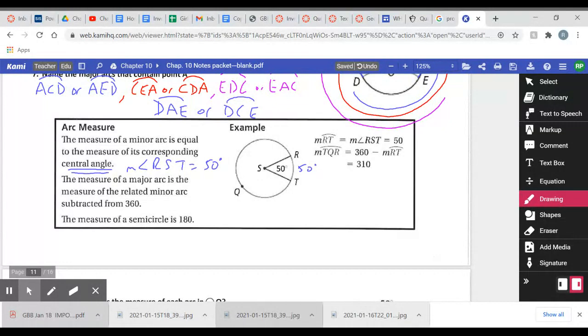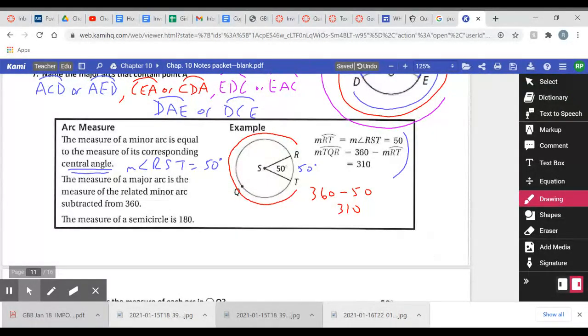It says the measure of the major arc is the measure of the related minor arc subtracted from 360. And you can see the work for that over here. But basically, it's just showing you that this arc from here all the way around to here is 360 minus 50, which is 310.